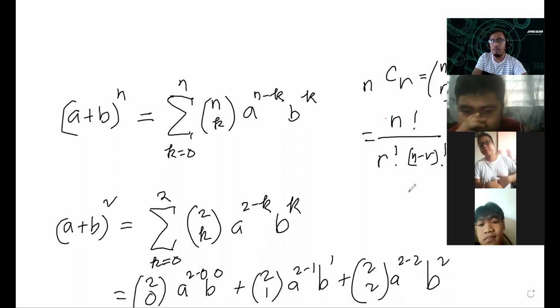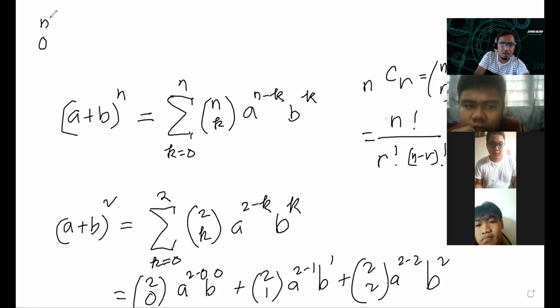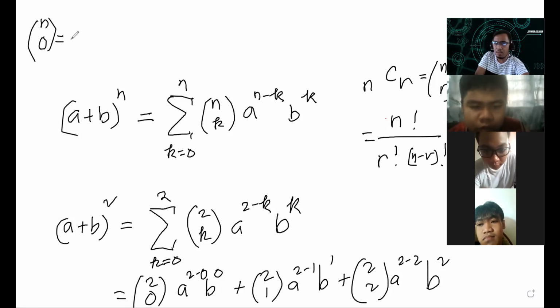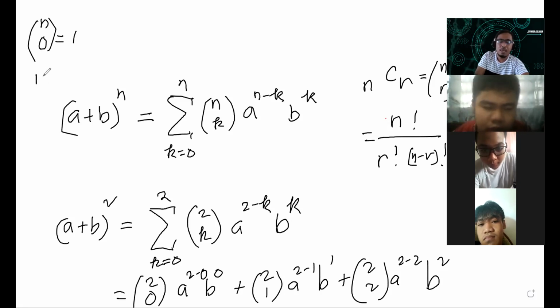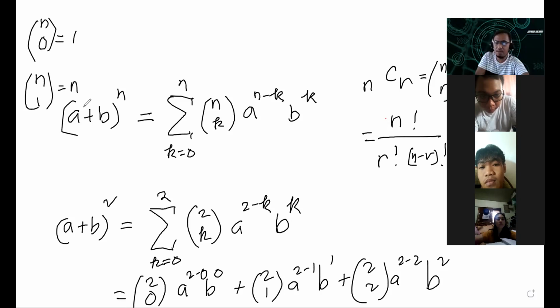And I'll give you extra formulas for that. If you have n taken 0, the answer is 1. If you have n taken 1, the answer is n. Clear?